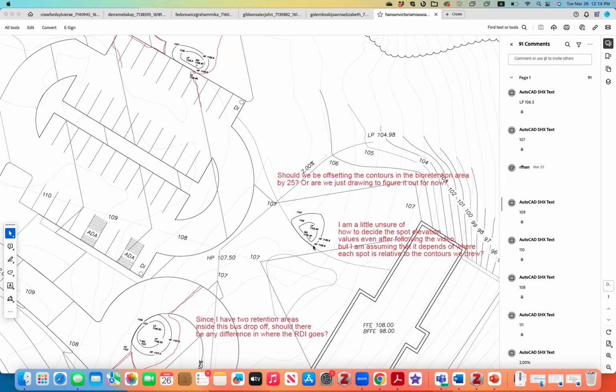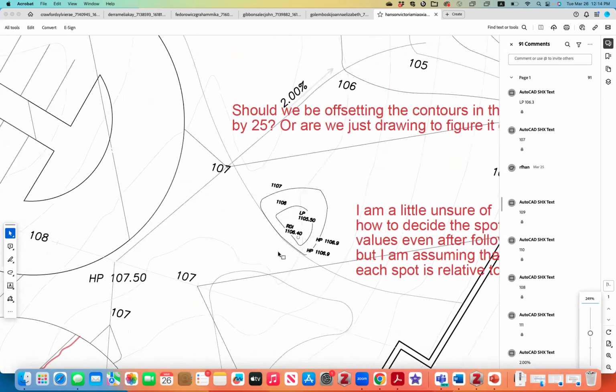Let's take a look at the RDI and everything. My guess is that because the contour number was not correct, that's why your RDI is pretty low. Meaning that you cut down a little bit unnecessarily deep into the ground, because of water coming in along the edge, the lowest point is this one, and it's about 7.4.